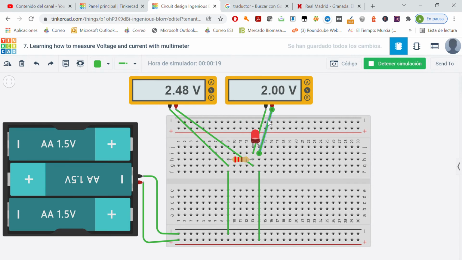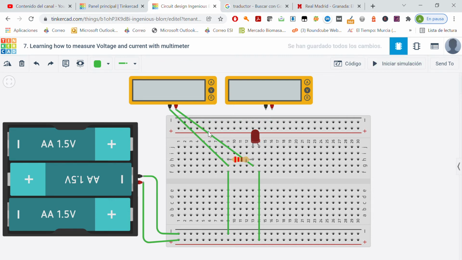Okay, how to calculate now the current that circulates in this circuit?